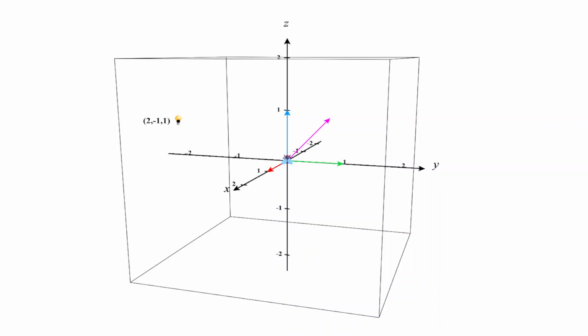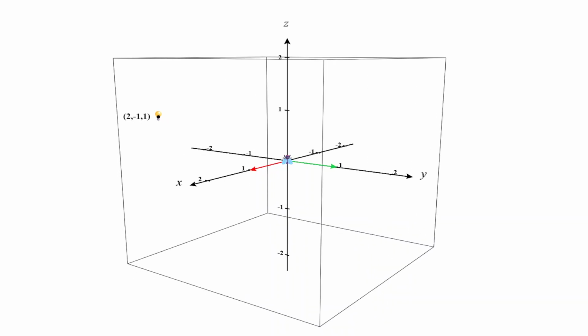What if instead of being able to move in those four vector directions, we actually eliminate two of them? Okay, and so now we've got just the vectors 1, 0, 0 and 0, 1, 0.